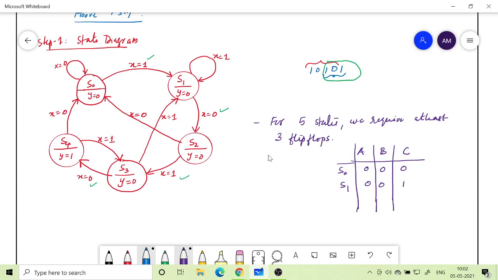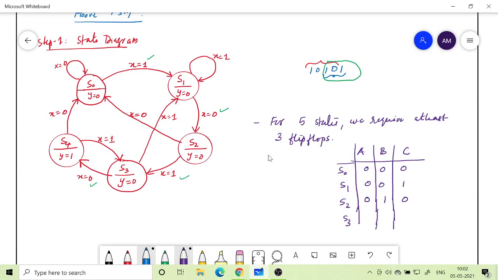Then S2, if I want, I can choose 010. That is also possible. Or S3, I can put 111 also, 100 also.